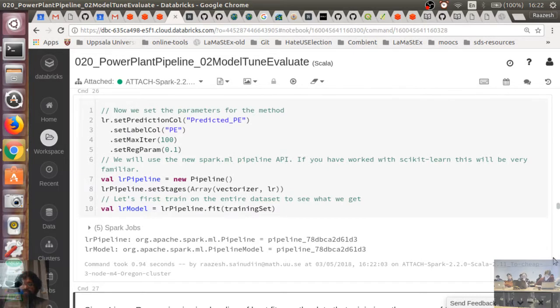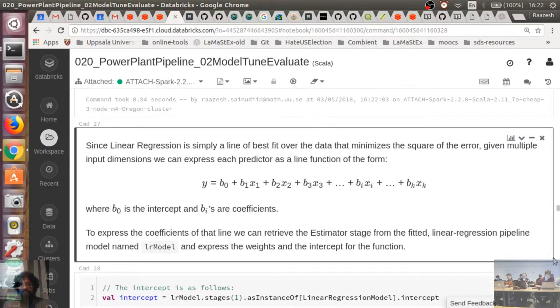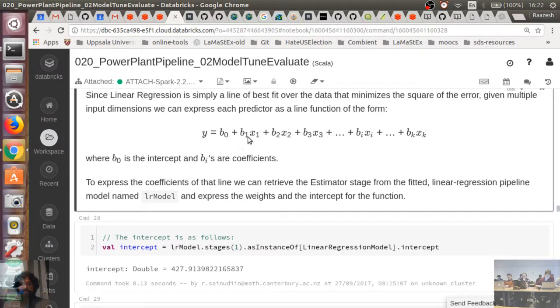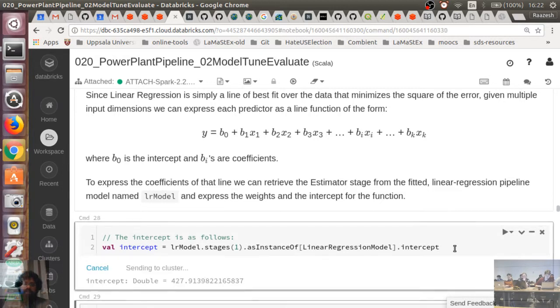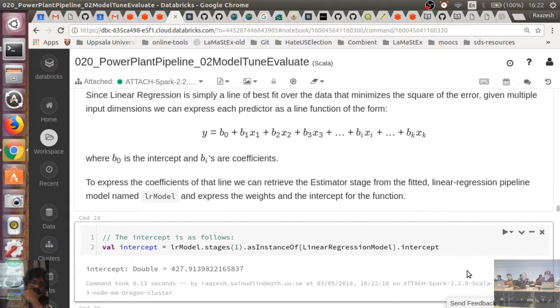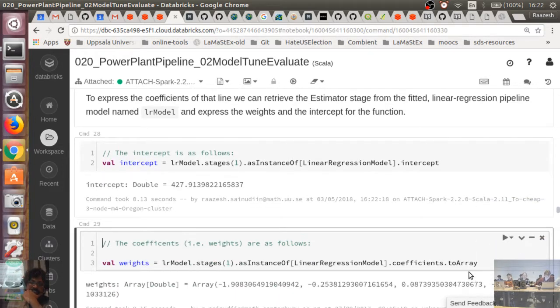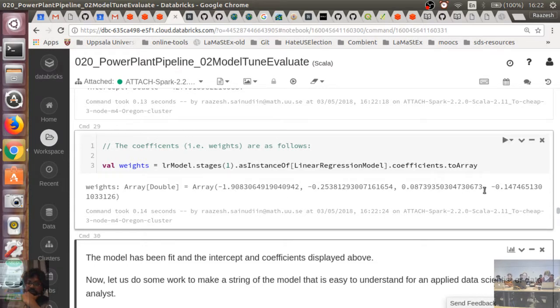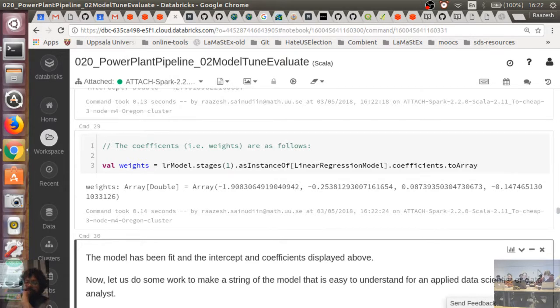So this is done, and this is essentially how the equation would look, with the intercept and all the coefficients for each. So now I can ask, what's the intercept? It's 427, and what are the weights? Basically I have 1, 2, 3, 4 different features, right?